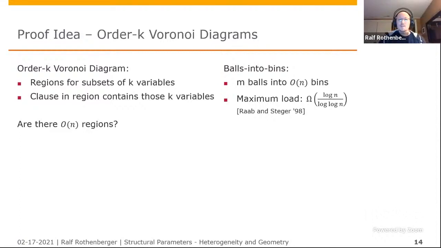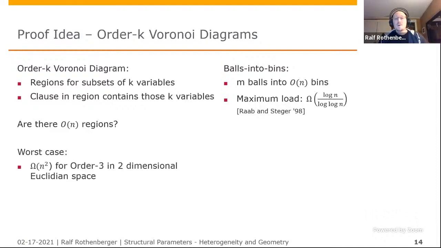So how big is the number of regions in our geometry? Well, we can actually show, and we show in our paper, that in some cases, for example, for order 3 Voronoi diagrams in two-dimensional Euclidean space, the number of regions can be larger than n squared, which is way too large to apply the balls into bins argument.